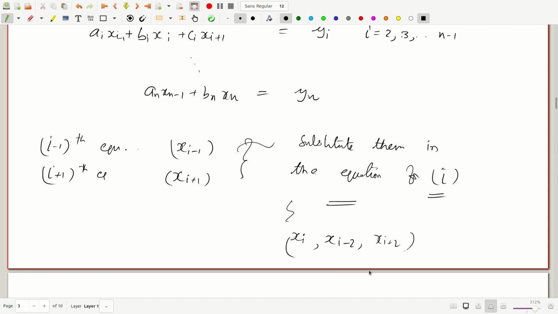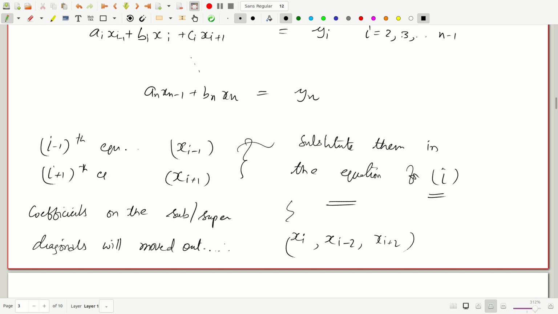But the idea is essentially that once you do this kind of recursive doubling, the coefficient values that you have on the sub or super diagonals will be moved out by a certain distance.